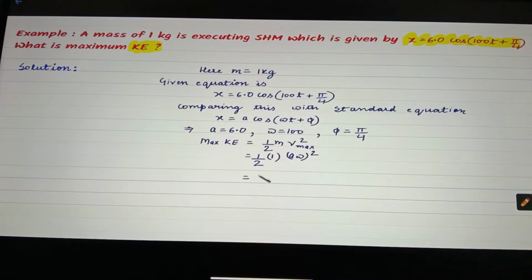This is equal to 1 by 2 multiplied with 1. And A here is, we've calculated A as 6.0 and this is in centimeters. So converting this into meters, this will be (6 by 100 multiplied with omega, omega is 100) whole square. So this becomes 18 joules.